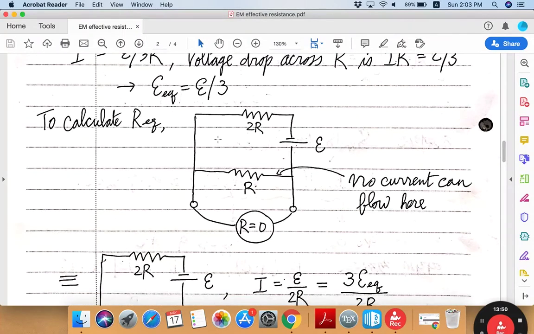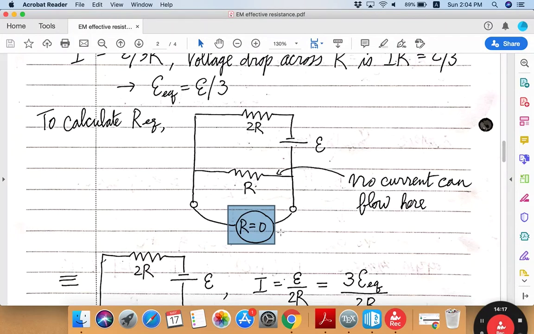Okay, now what about the equivalent resistance? Now, to calculate the equivalent resistance, instead of hooking up a voltmeter, we hook up an ammeter, which by definition has zero resistance.